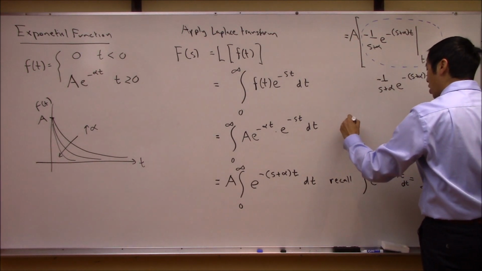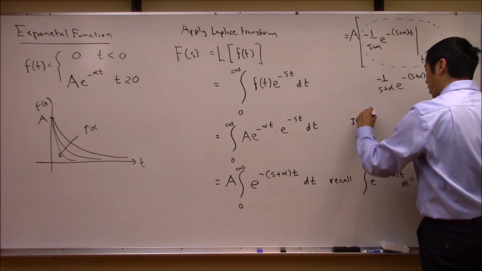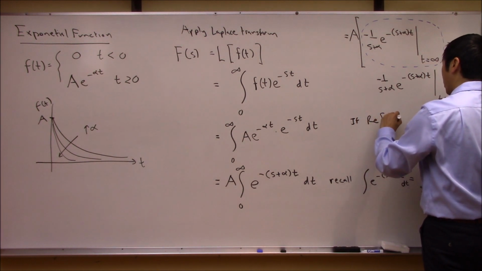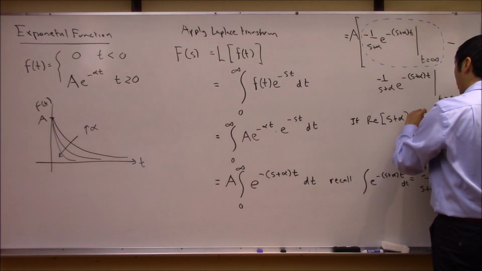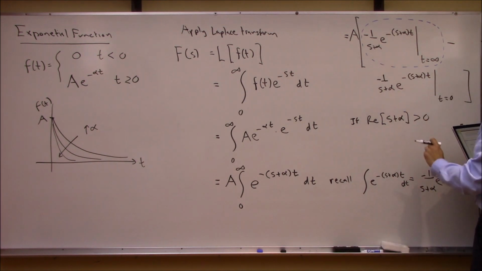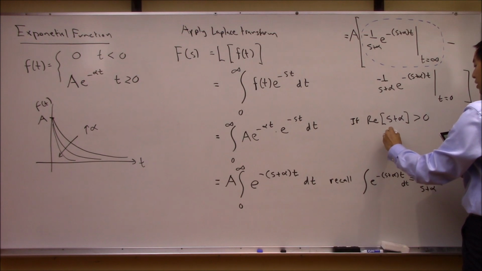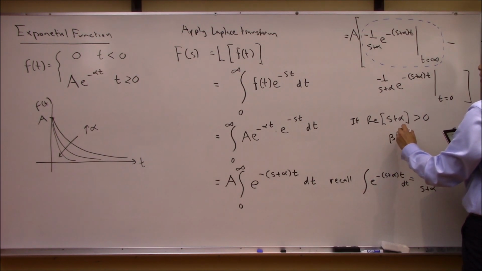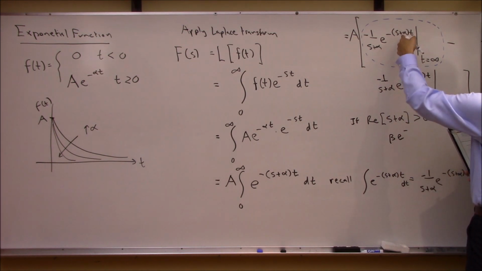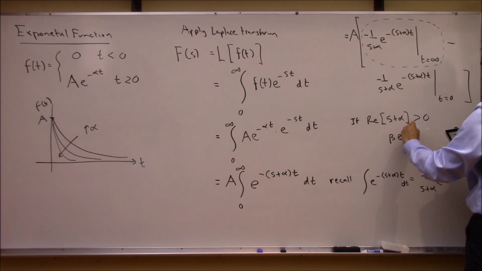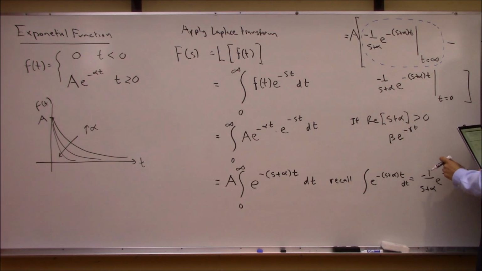So note that if the real part of s plus alpha is greater than 0, this whole thing is basically some constant, like a beta e to the minus gamma t, whatever this number comes out to be. It looks like this no matter what.